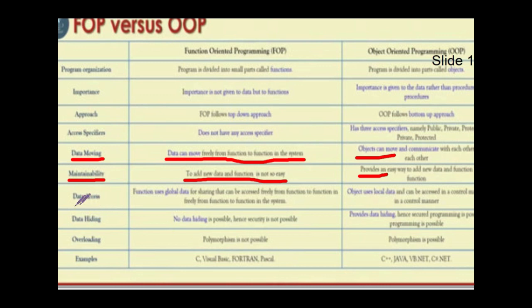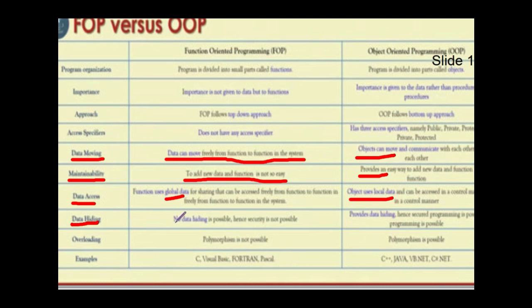Next, data access. In function-oriented programming, functions use global data for sharing, which can be accessed freely from function to function in the system. In object-oriented programming, objects use local data, which can be accessed in a controlled manner.